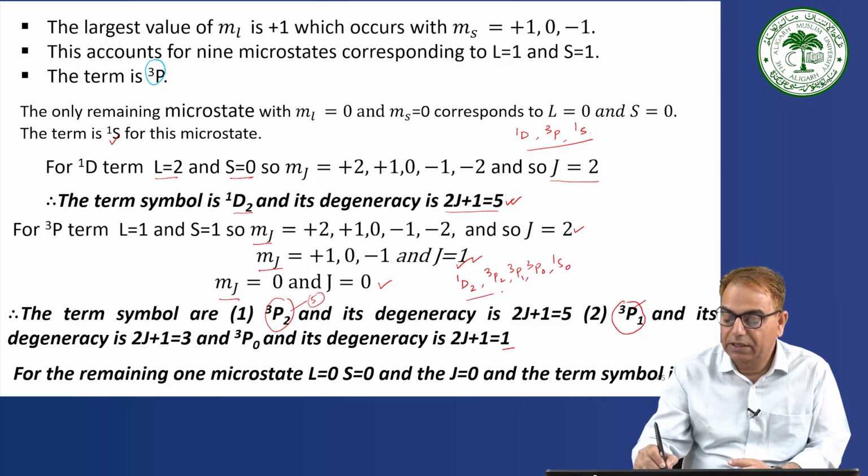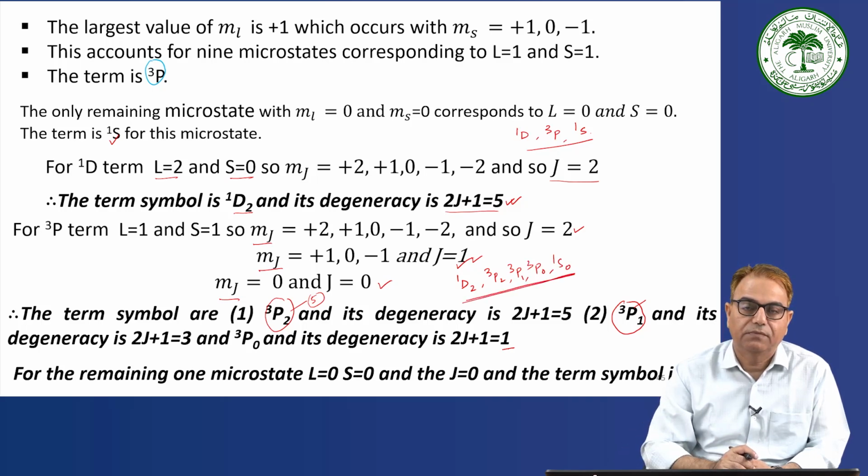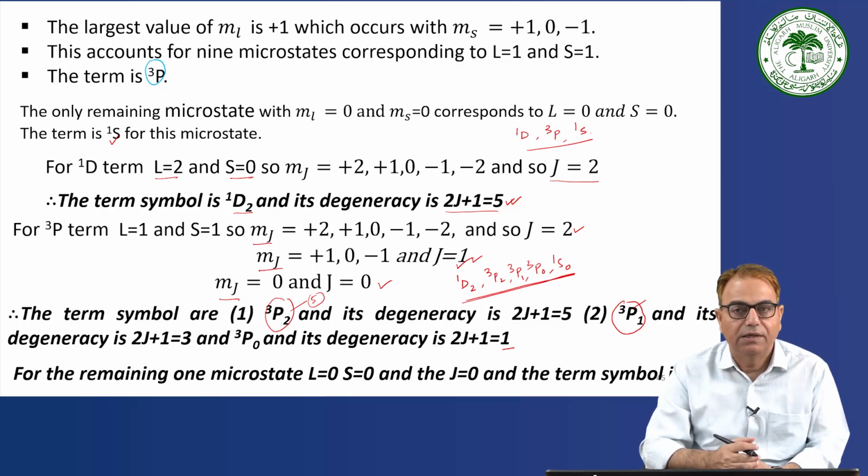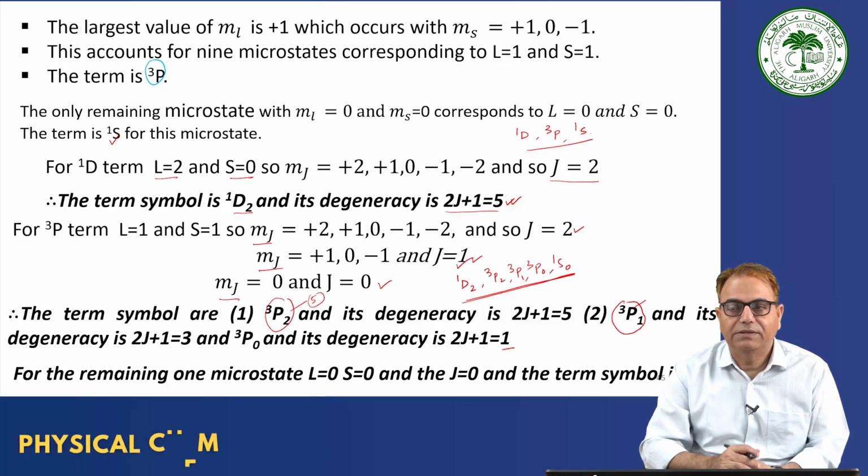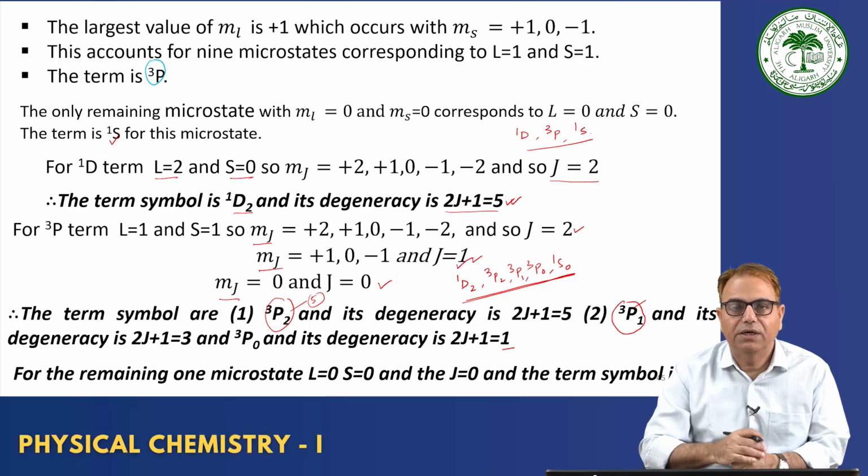So all these are the spectroscopic term symbols for the P2 configuration. And for the reasons which I told you earlier, this will be the term for the P4 configuration also, because P2 we have done. This is one way of finding out the spectroscopic term symbol.